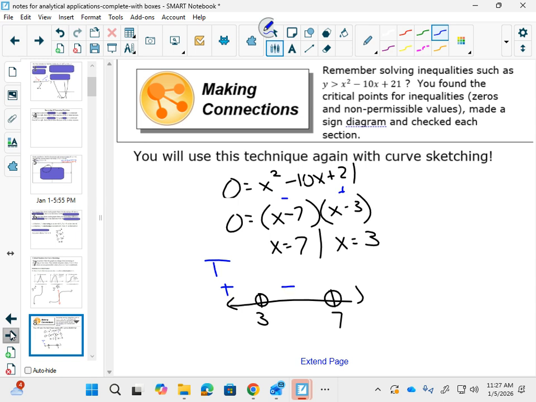And a positive times a negative will make this section negative. For inequalities, that tells us this section is false. And finally, greater than 7, this would be positive, positive, this is positive. That makes that section true. So in this inequality question, it says solve for this. When is that greater than 0? Oh yeah, let me switch that to 0. If you were solving for this, it would be true when it's less than 3 and bigger than 7.